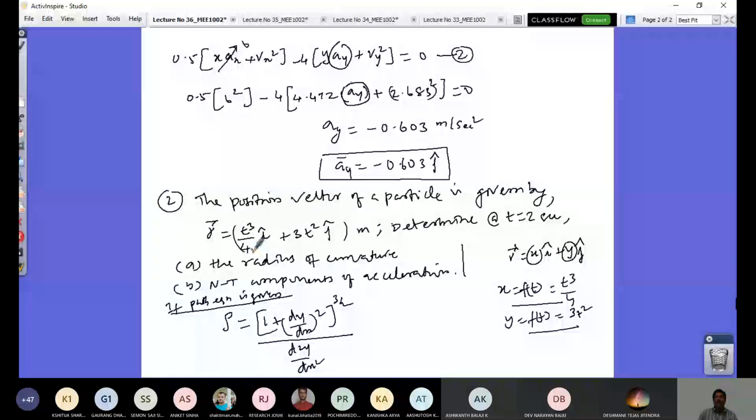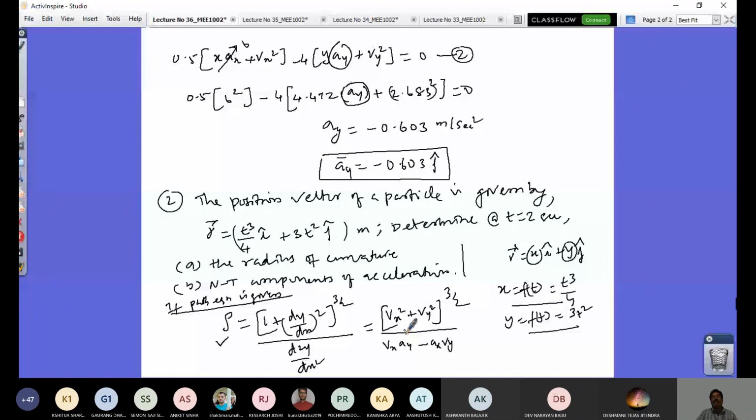We can rewrite this as Vx square plus Vy square whole power 3 by 2, divided by Vx Ay minus Ax Vy. So I require the velocity vector and acceleration vector. I will be able to fill in this formula, and I will know my radius of curvature. Accordingly, you should use the formula.